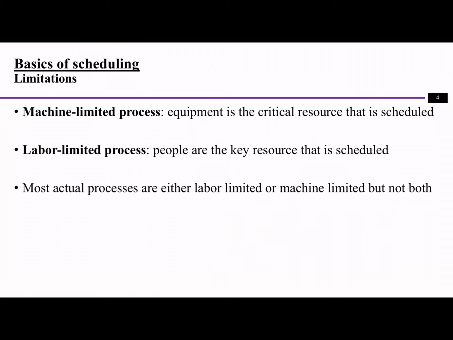Another type of limitation is the labor limited process, which means that labor is a key resource that we need to schedule the order around. In most cases, it is either labor limited or machine limited.